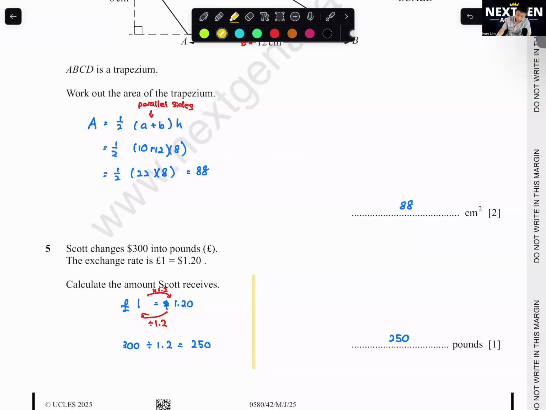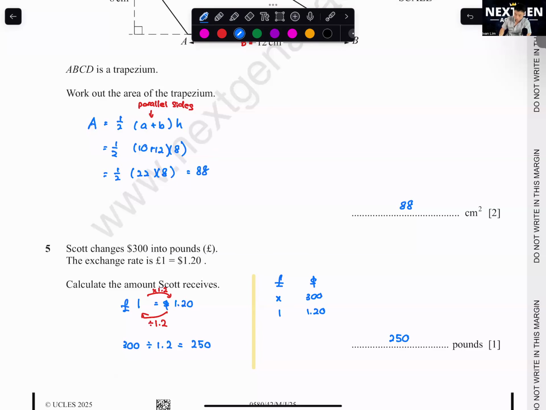So this is what I would normally do. We write it into a ratio like this. We want to find pounds. Pounds, dollars. You don't know what the pounds are here. You want to find $300. The conversion is 1 to 1.2.